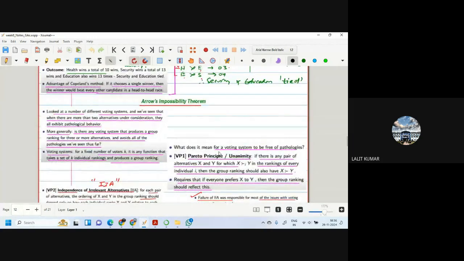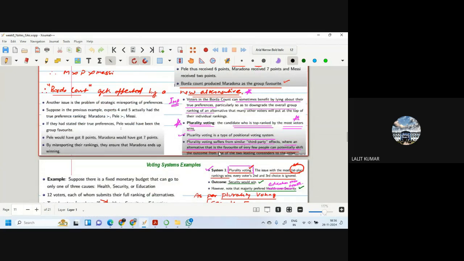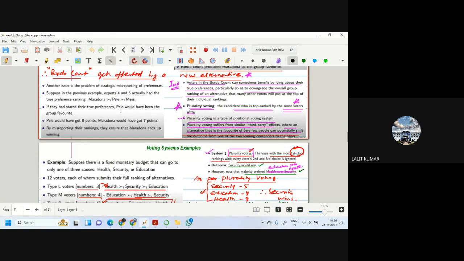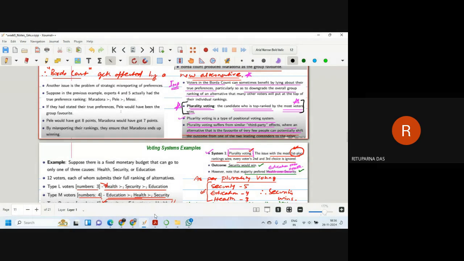We had covered this yesterday. Okay, this is plurality voting: the candidate who is top ranked by the most voters.